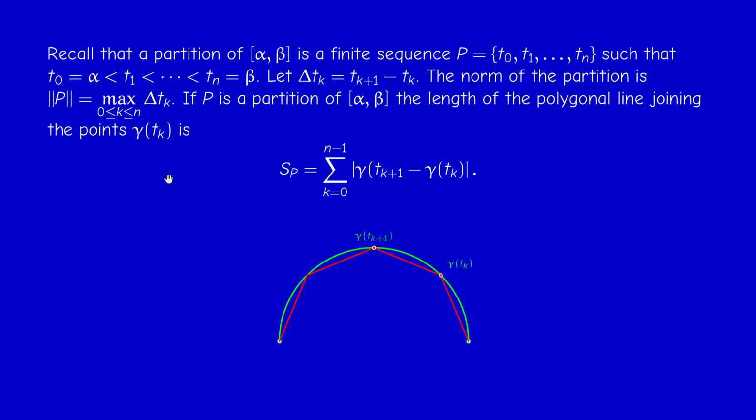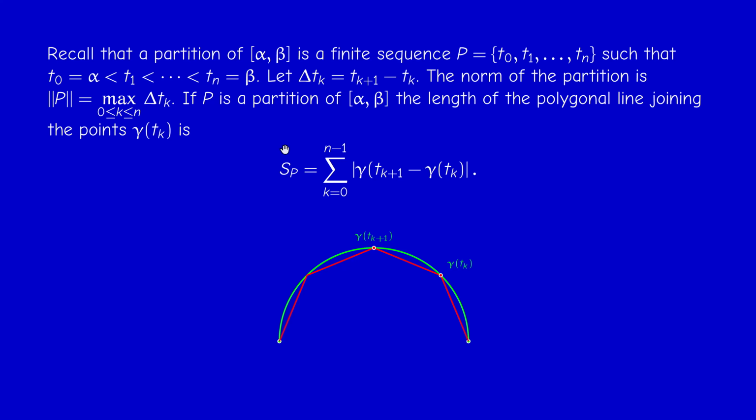Okay, now if P is a partition of alpha beta, then what is the length of the polygonal line in red? It's the sum of all lengths of consecutive straight line segments. So the length of the straight line segment joining gamma Tk to gamma Tk plus 1 in red is just the modulus of the difference, as you know.